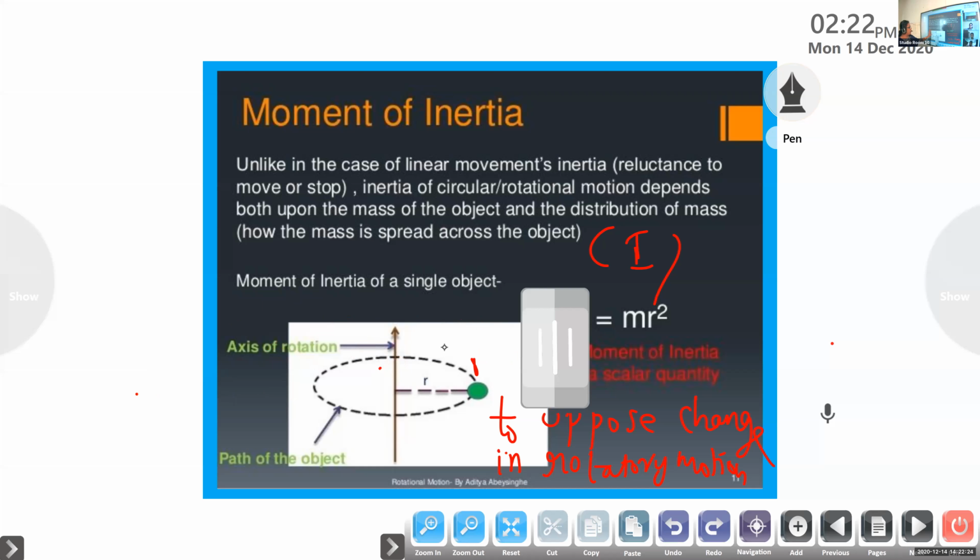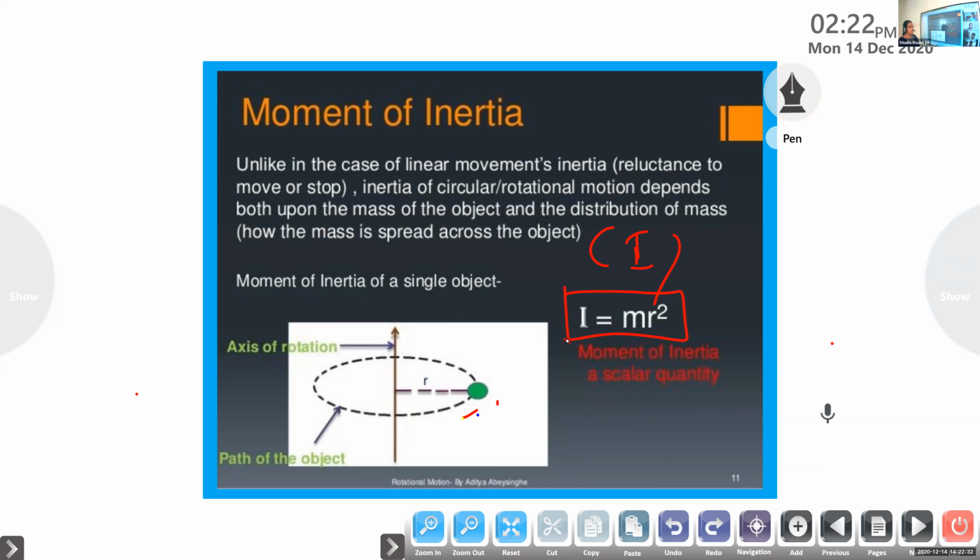So I hope you must have drawn this figure roughly. Now you can write the equation. Therefore, I is equal to m r square. Moment of inertia is a scalar quantity and the SI unit of m r square is kg meter square.